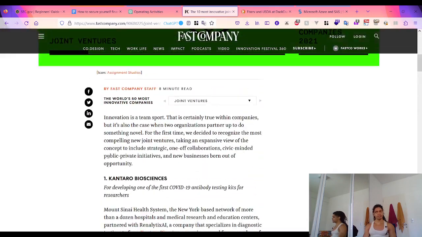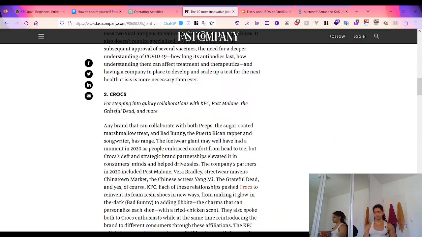Okay, so you got an example of it. Crocs stepping into quickly collaboration with Katy Perry, Post Malone, The Grateful Dead, and more. Any brand that can collaborate with both Peeps, the sugar-coated marshmallow treat, and Bad Bunny, the Puerto Rican rapper and songwriter, has range.